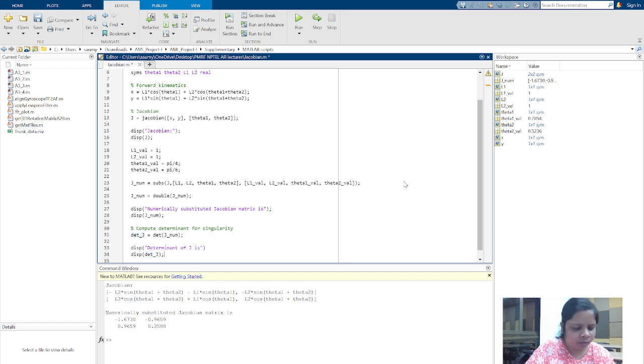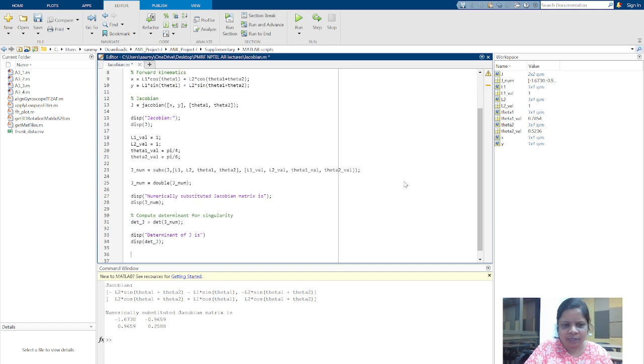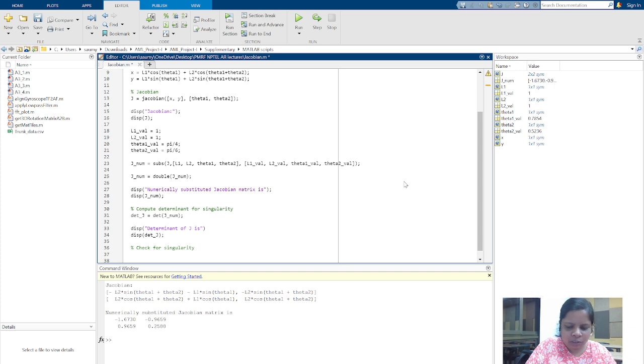After getting the determinant, we'll check for singularity. So this is the last thing that we are going to do. When you check for singularity, we definitely want to check that it is equal to 0 or not, but let's say it gets some error in double format.